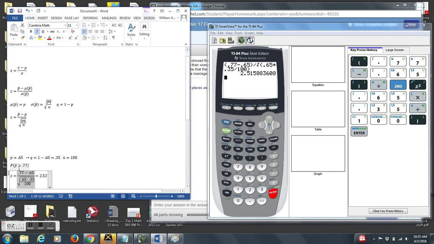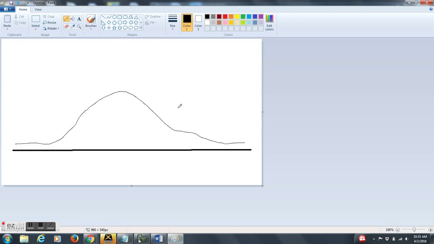So I wanted to get more than 0.77, so I'm looking at the normal curve, and I want the area to the right. In my calculator, I go from 2.52 onward off to something big.